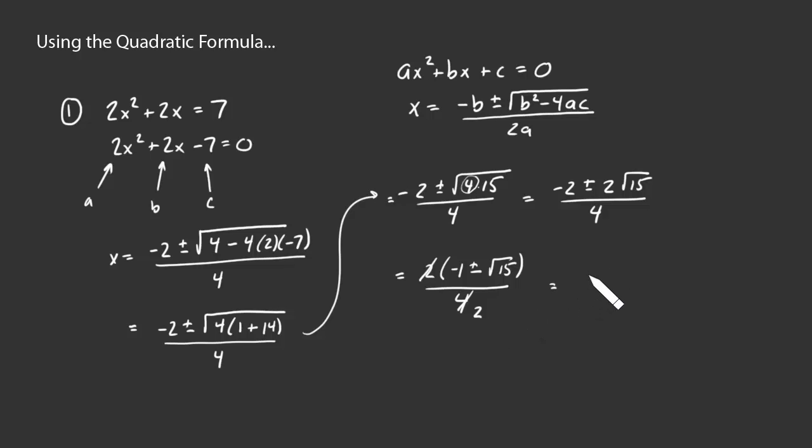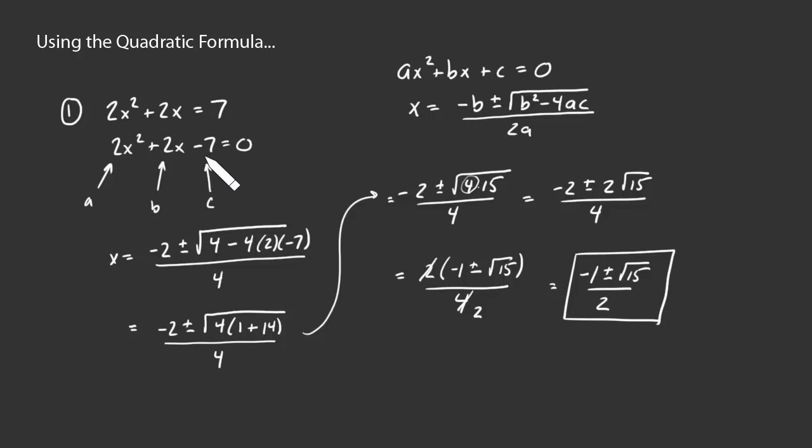And so finally we arrive at our simplified answer, negative 1 plus or minus the square root of 15 over 2.